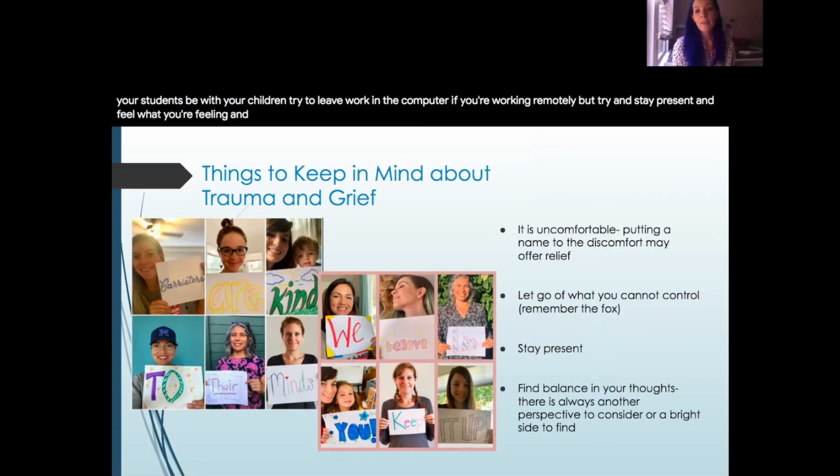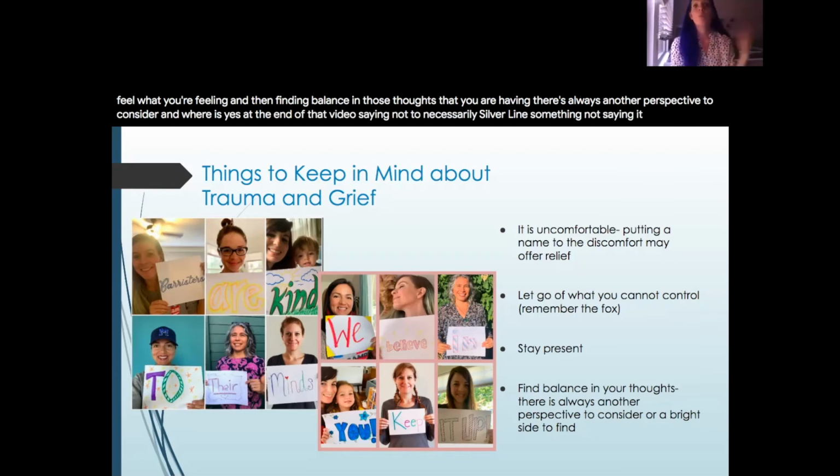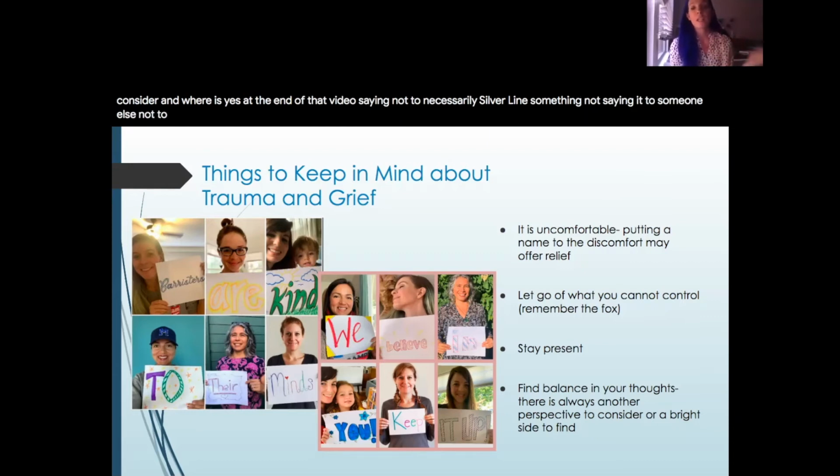And then finding balance in those thoughts that you are having. There's always another perspective to consider. And whereas, yes, at the end of that video, it's saying not to necessarily silver line something, that's saying it to someone else, not to speak on somebody else's experience and try and downplay how serious it is to them.